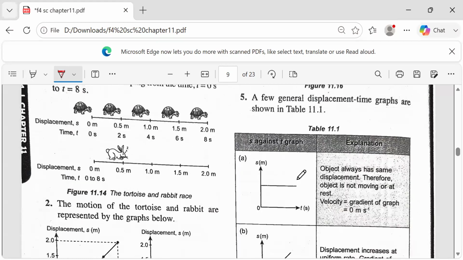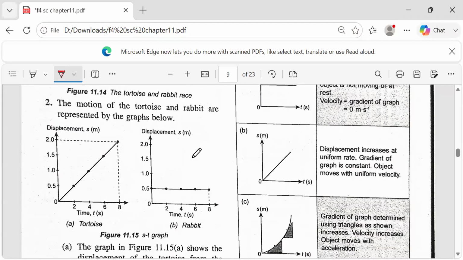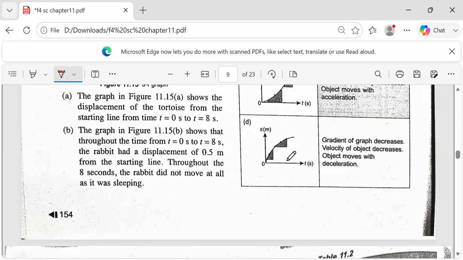If your line is a straight line, that means it's not moving. If it's going up, that means it is increasing in speed. If it's curving up, it is not only increasing in speed, but it's also accelerating. Can you understand the different graphs? 这个呢，这个是 becoming slower and slower.